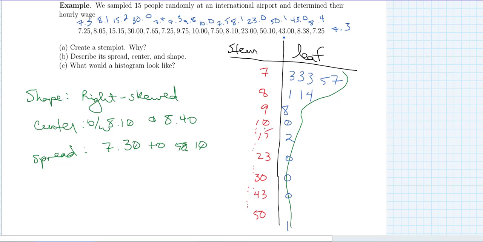Alright, so are there deviations? Oh yeah, there's so many deviations, right? We have one here, another one here, another one here, another one here, right? So it's more common, in this data set anyway, for the person to have run into people making minimum wage in various ways than for them to run into people who are making much more money.